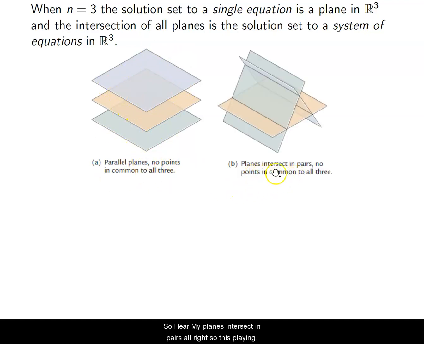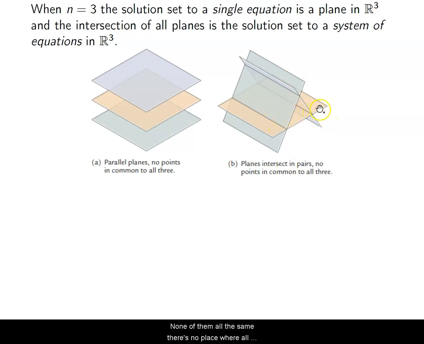So here my planes intersect in pairs, all right? So this plane and this plane form this line of intersection, okay? This plane and this plane form this line of intersection. And this plane form that line of intersection. None of them are all the same.